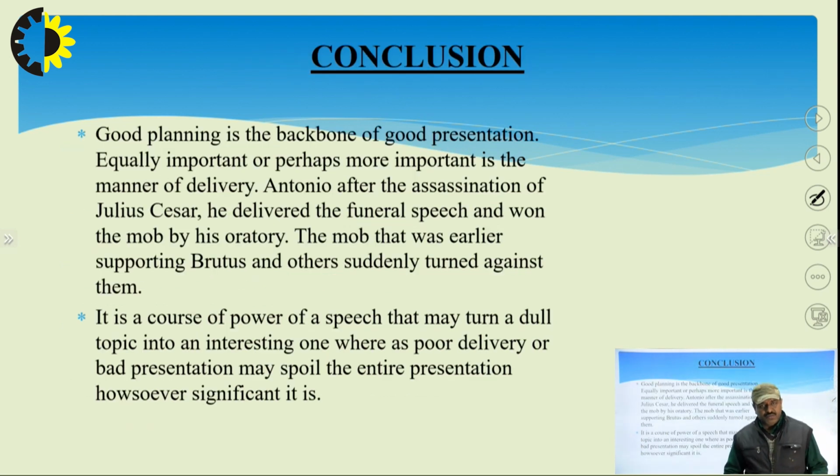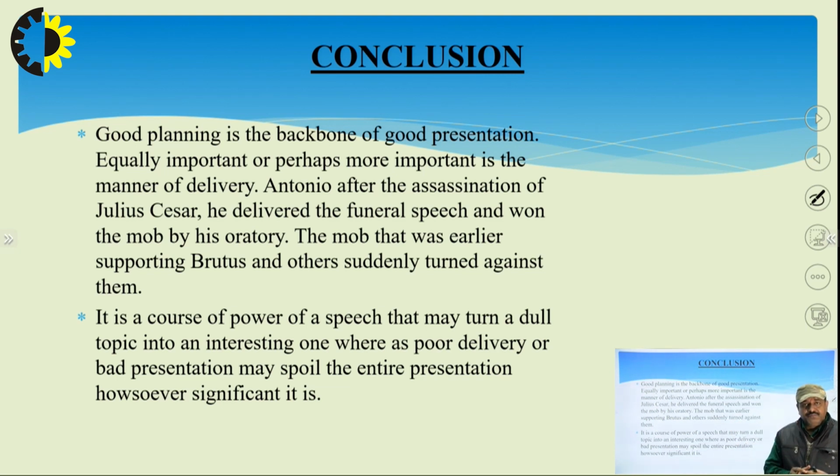Next, to conclude the presentation, the strategies and techniques on which there was a good discussion. Under the conclusion part, a story has been taken from Julius Caesar.